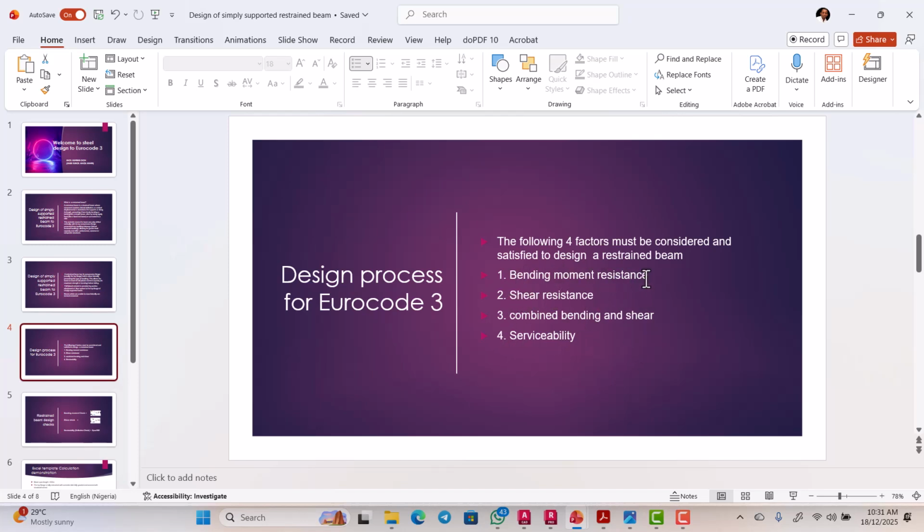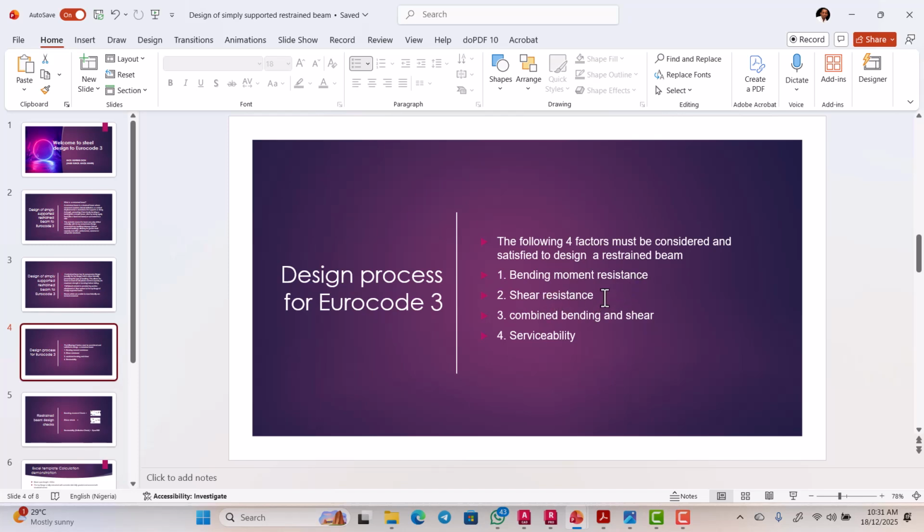Now, the bending moment resistance has to do with the ratio of the applied moment to the resisting moment. And the code says that it must be less than or equal to 1. Then the same thing is also applicable to the shear resistance, which has to do with the applied shear and the resisting shear.